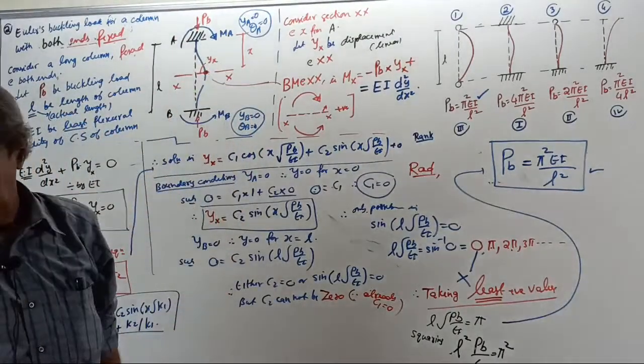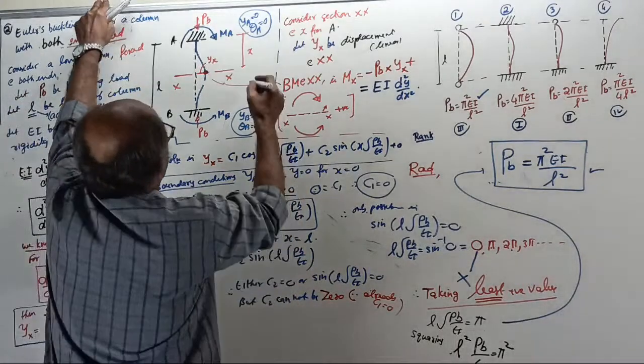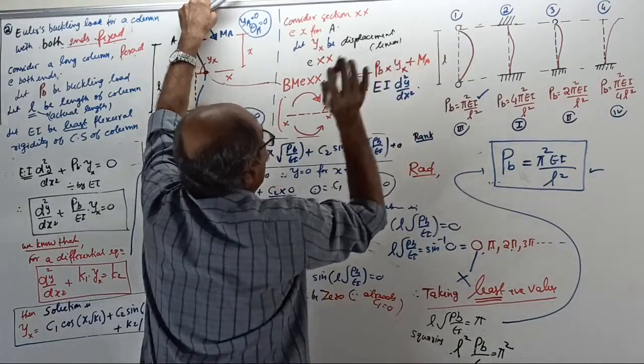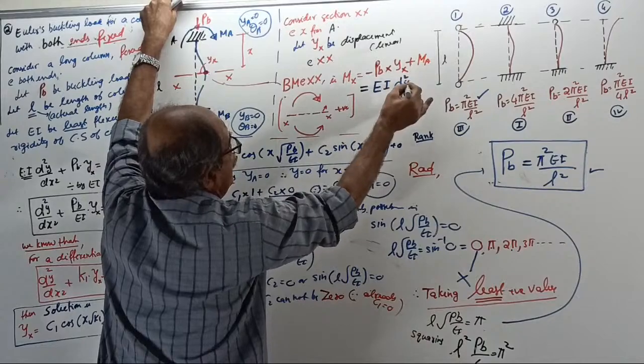Plus MA. No into Y, it's a couple. So minus PB into YX plus MA equal to EI d square Y by dx square.